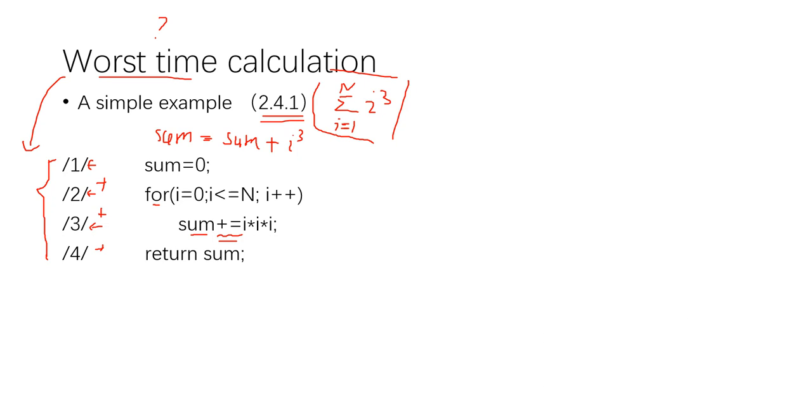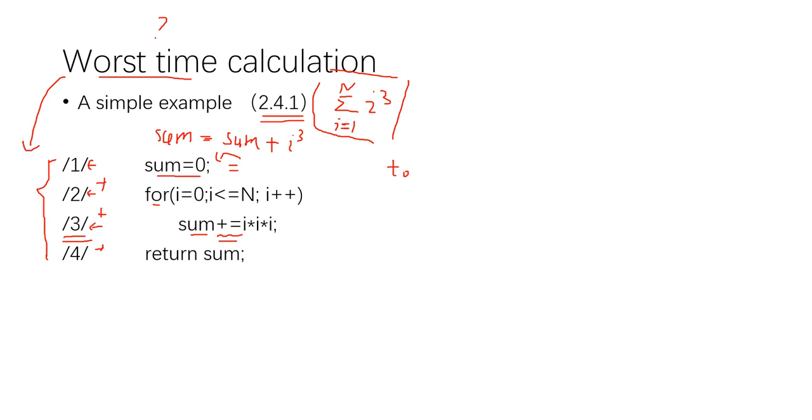The first line, sum equals 0, takes what we call constant time. How long, we don't know. If we need to calculate, we might make an assumption that the assignment symbol takes some time, which we call t0. Okay, so let's take a look at the third line first.